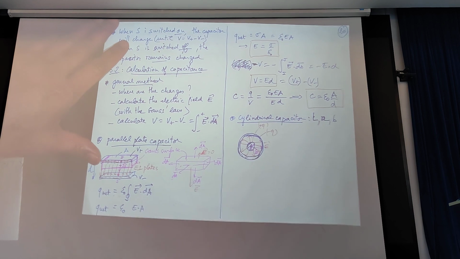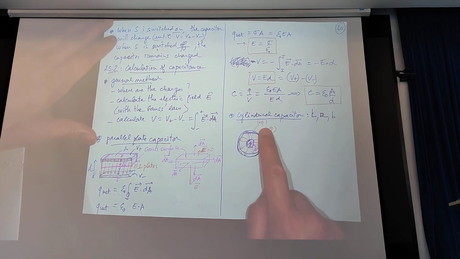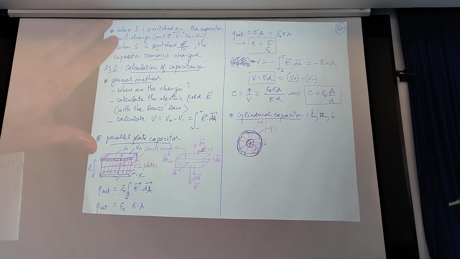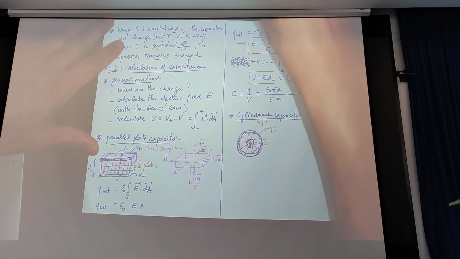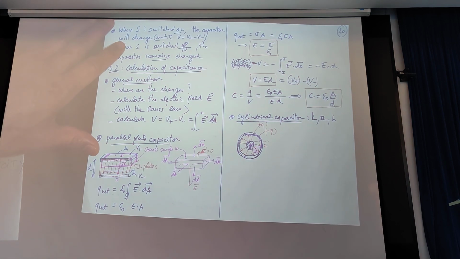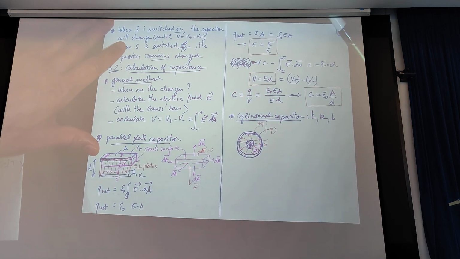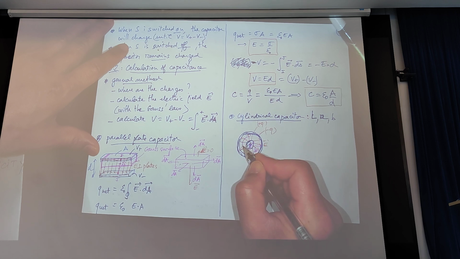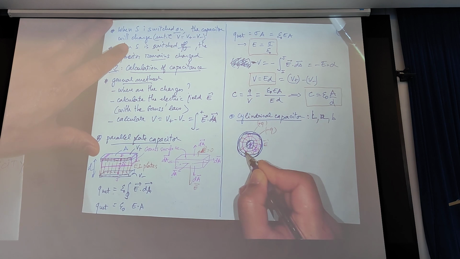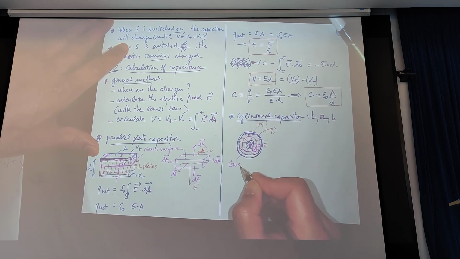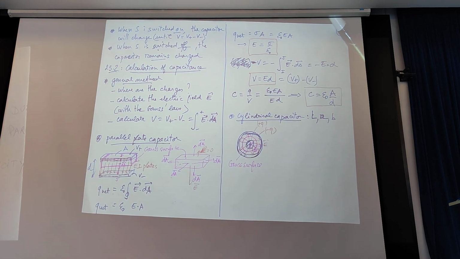Okay, so we have identified where the charge is. We are going to use the Gauss law again to calculate the field E, okay? So, usually we consider the Gauss surface here, inside, somewhere here. Of course, it's a cylinder.